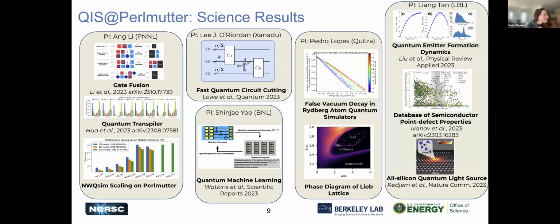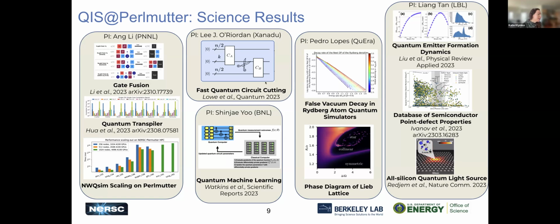But people have come up with algorithms to actually do this, in particular people from Xanadu, which is another quantum company, people exploring quantum machine learning algorithms, as well as people from QuEra actually using information that they get off of our system, simulating at small scale neutral atoms on Perlmutter, and using that to inform how they design their larger scale neutral atom hardware simulations.